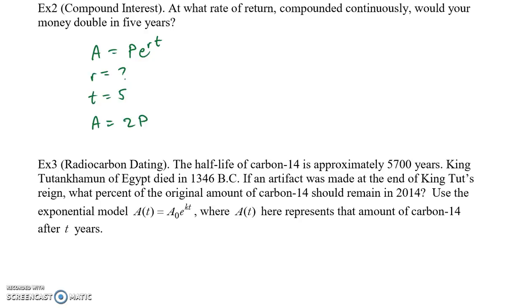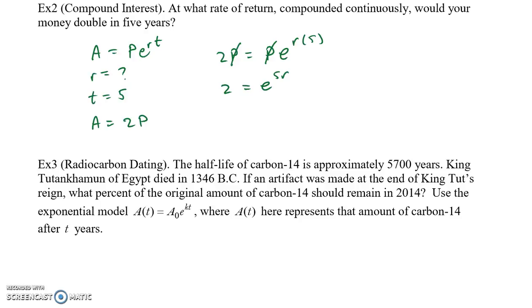So if we replace A with 2P and replace t with 5 years, and cancel the P because we can divide P out of the equation, we obtain a fairly simple exponential equation: 2 equals e to the 5r power, where r is the unknown.